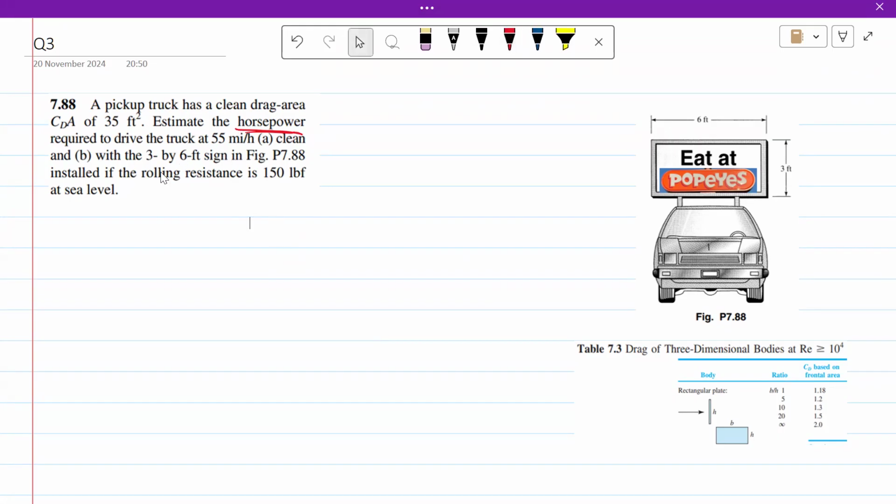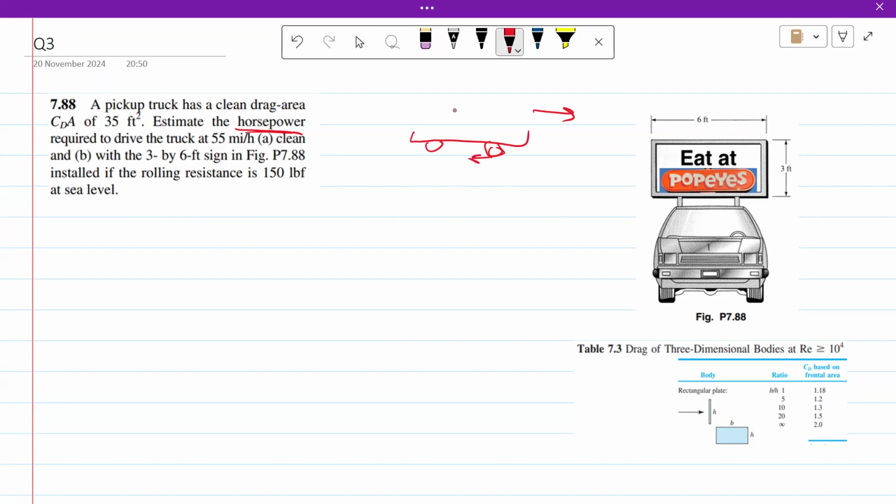55 miles per hour. It says clean, that just means without the plate. And then also with the actual sign installed, and with a rolling resistance of 150 pound force. The idea with the rolling resistance is that when you have your car, in order to prevent it from slipping, there's a friction.